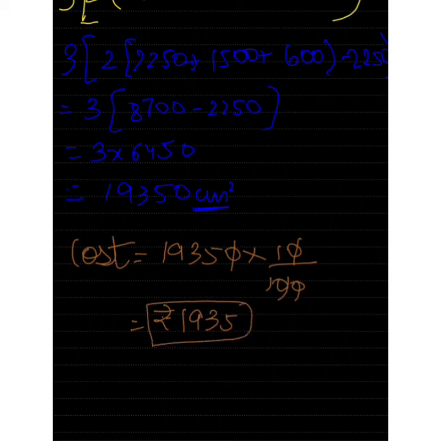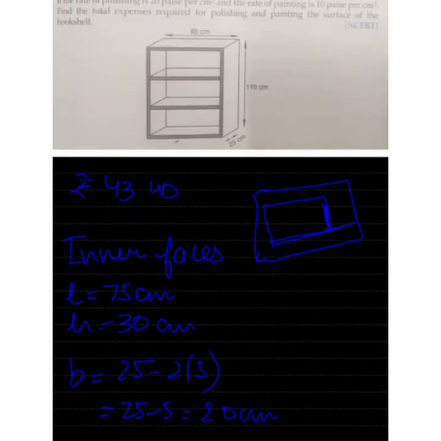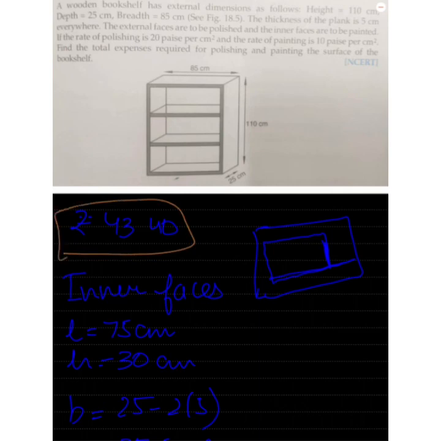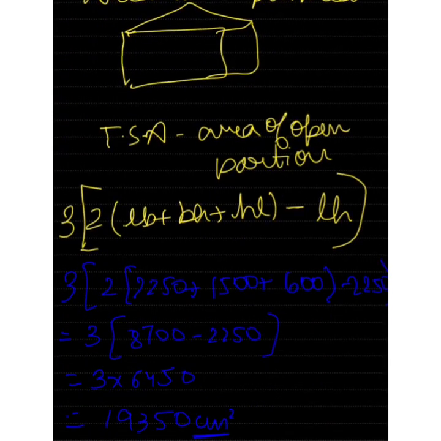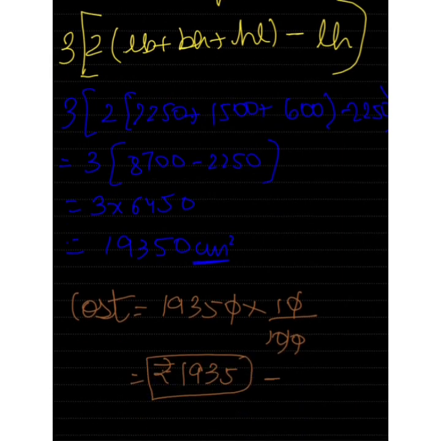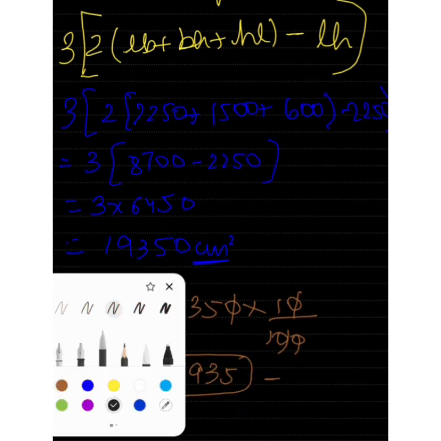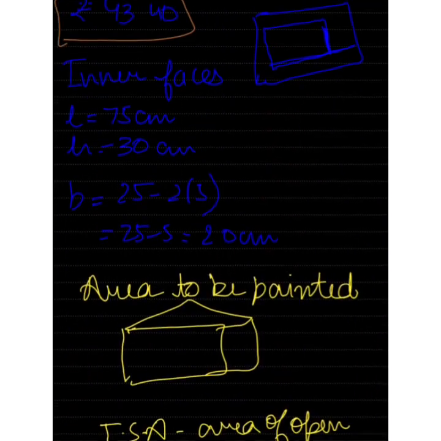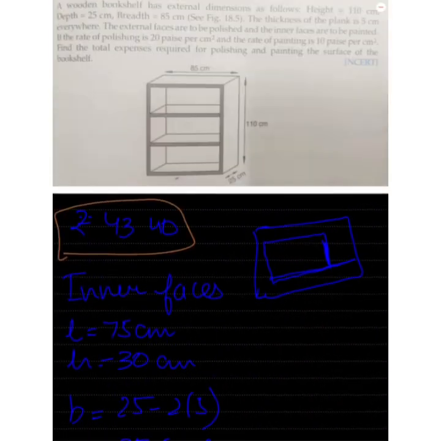Now we have found the cost of the polished portion, that was 4340, and the cost of the portion to be painted, that we got, was 1935. Now what is the last part of the question? Find the total expenses required for polishing and painting the surface of the bookshelf.